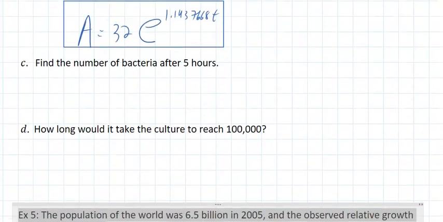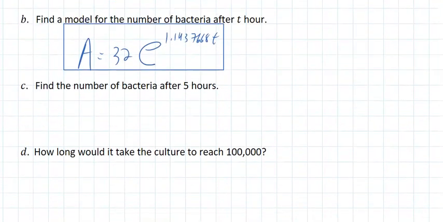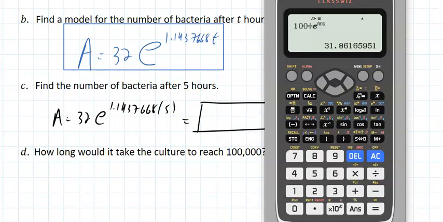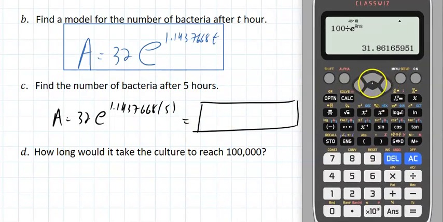It says, find the bacteria population after 5 hours. A equals 32 e to the 1.1437668 times 5.